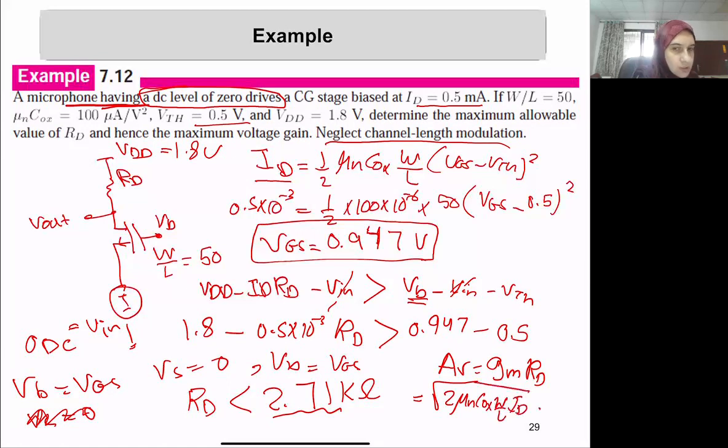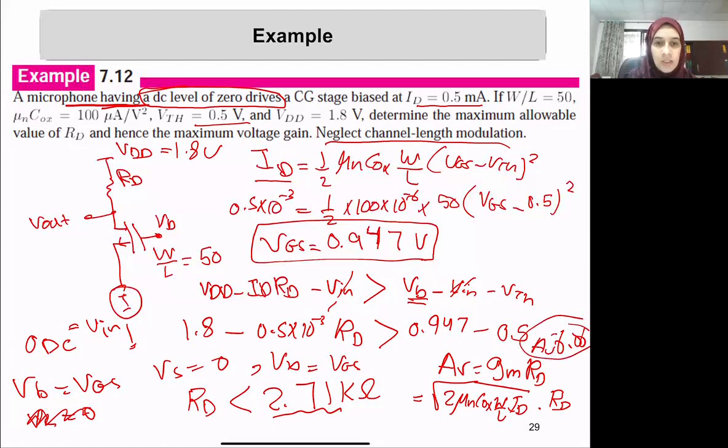We know all of these values, times RD, which we just found, 2.71 kilo ohm. This is the largest value, and this gives me a largest gain of 6.06. So the gain will be less than this value.